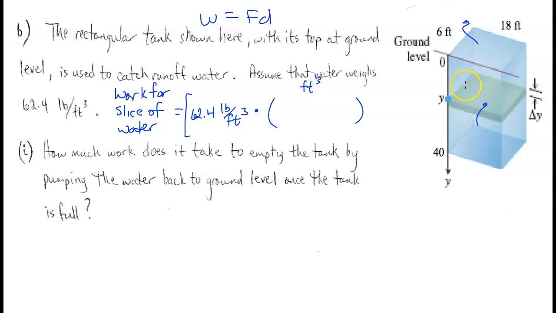Now for the slice of water here, we see that one side of it is 6 feet. Another side of it is 18 feet. And that always stays the same there. So we're going to have 6 feet by 18 feet. Okay. Now, of course, the height of the slab here is going to be this delta y that you see here. So this is going to be delta y feet.